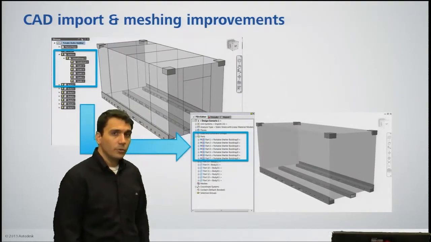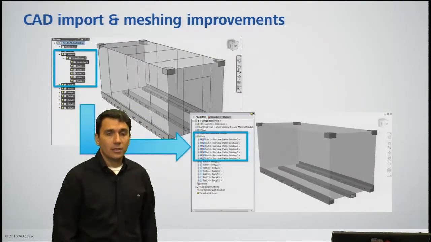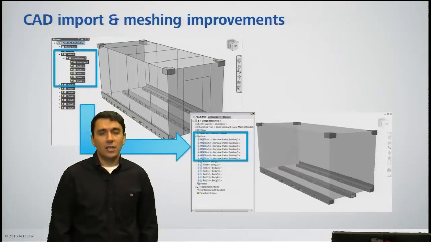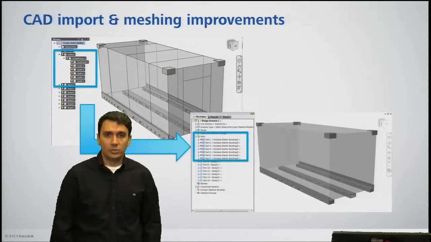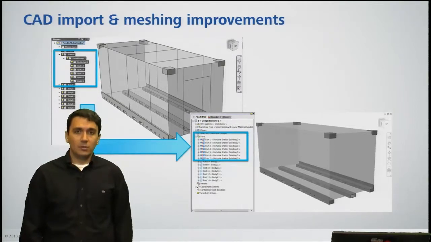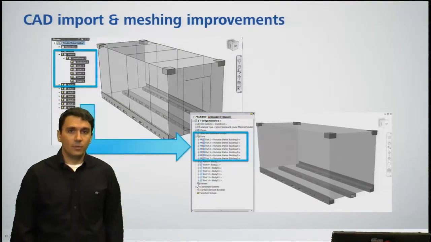In the 2014 release, we've added the capability to recognize those surface objects and change the mesh type automatically to plate and shell so that our users, upon import, can simply click the Generate 3D Mesh button and get a successful mesh.